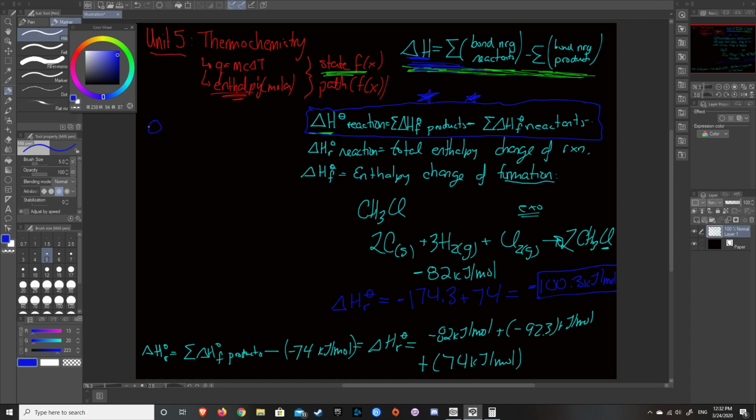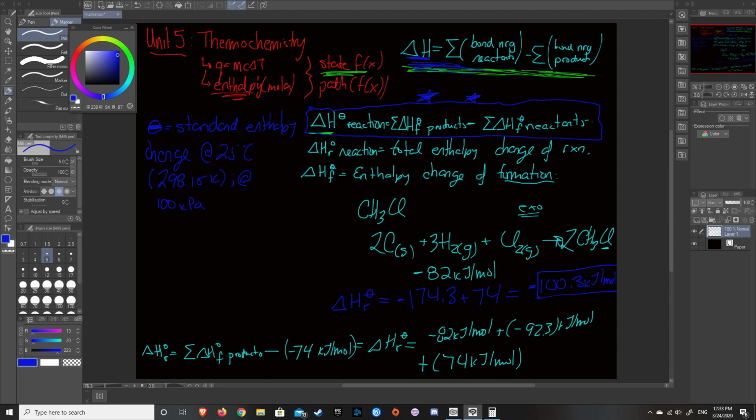So I want to cover one last thing, what this means. So right, we said it was the standard enthalpy change at standard conditions. So at 25 degrees Celsius, which if we convert it to Kelvin is 298.15 Kelvin, at 100 kilopascals pressure.